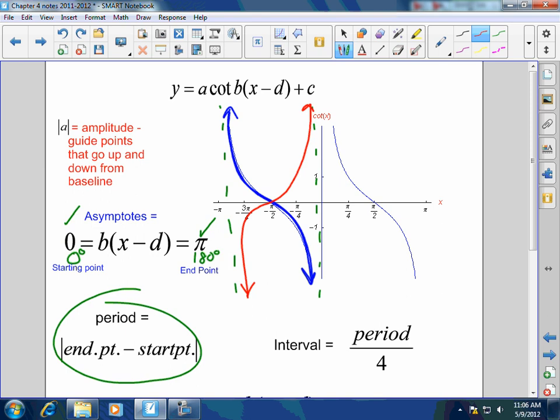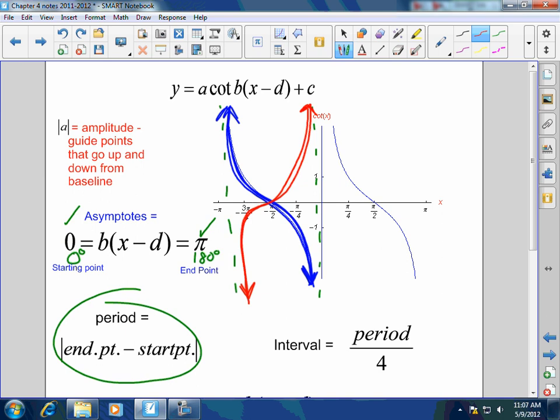So they are reversed. A positive cotangent, in blue, is like a negative tangent. Negative cotangent in red is like a positive tangent. It's reversed. Okay? Everything else is the same as far as the asymptote.